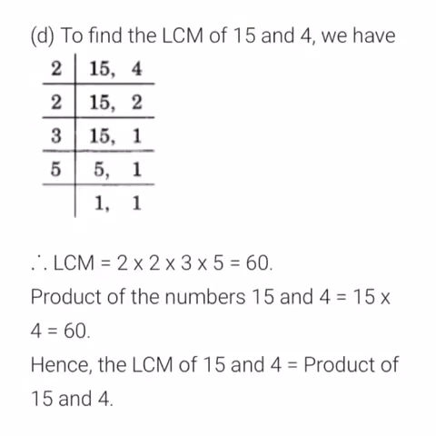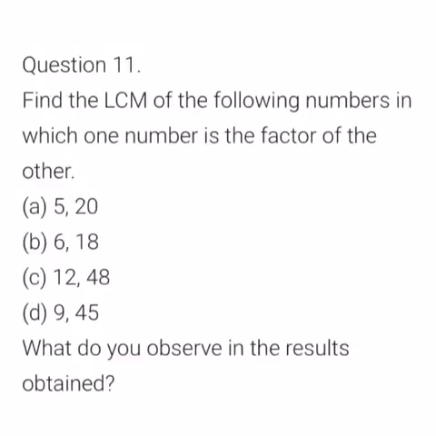The LCM of 15 and 4 is 60 and their product is also 60. Hence we can say that in the above cases the LCM of the two numbers is equal to the product of the numbers.